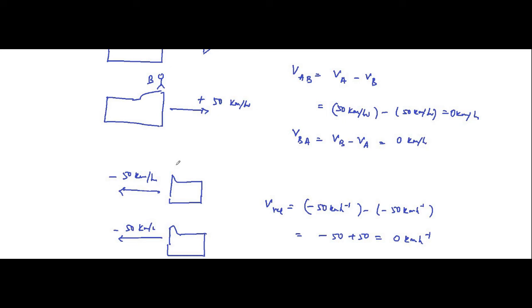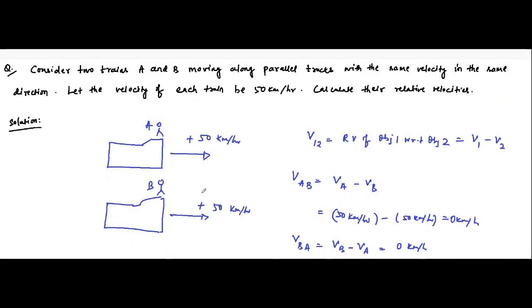So it will appear as if both the trains are at rest with respect to each other because they are moving in the same direction with the same velocity. Okay, so this is a very important and good question, a simple straightforward question, but conceptually a good one related to relative velocity.